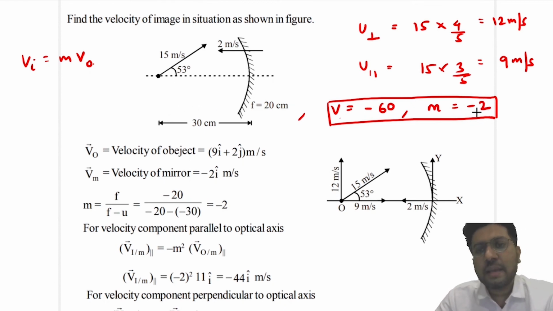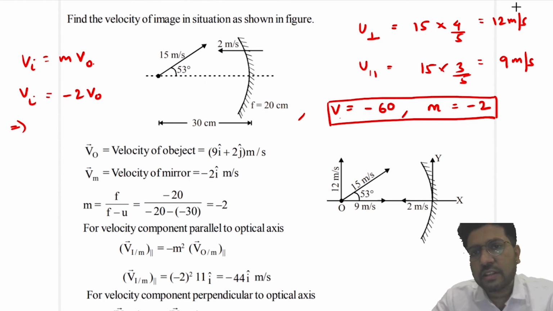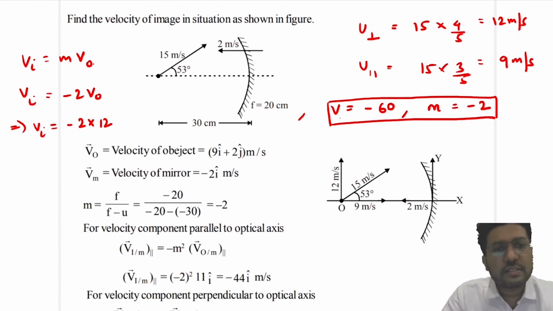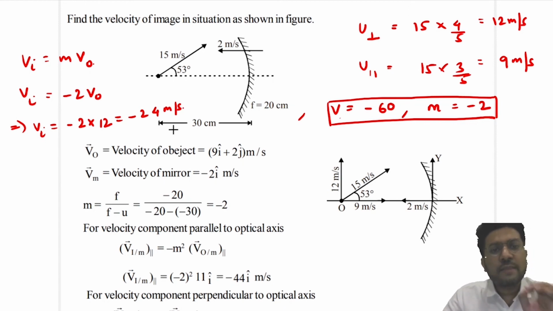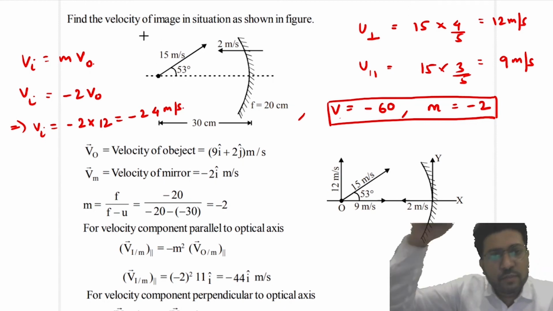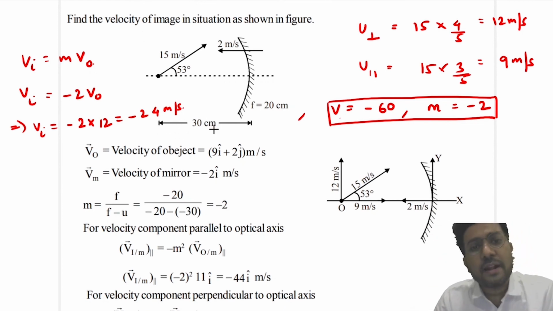Once you get m is equal to minus 2, the velocity of image is equal to minus 2 times the velocity of object in the perpendicular direction. The velocity of the object is 12 meter per second, so the velocity of image is minus 24 meter per second. That means the object is moving upward and the image is moving downwards in the perpendicular direction with a speed of 24 meter per second.